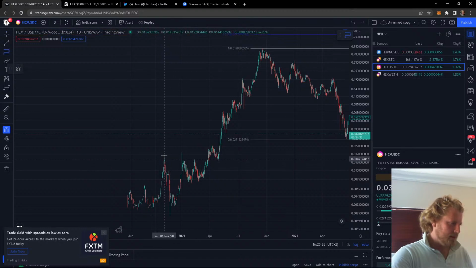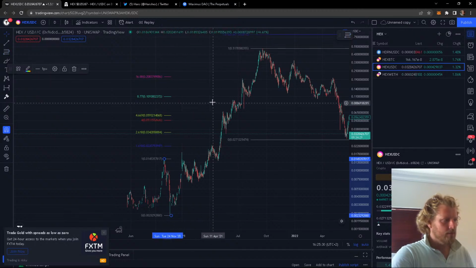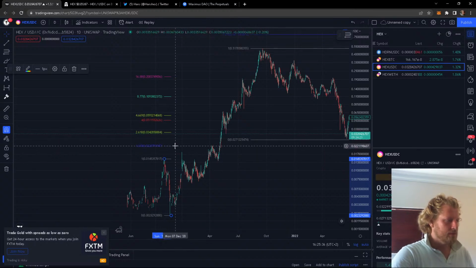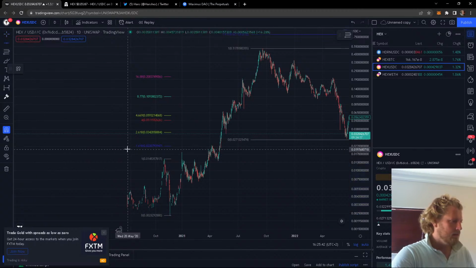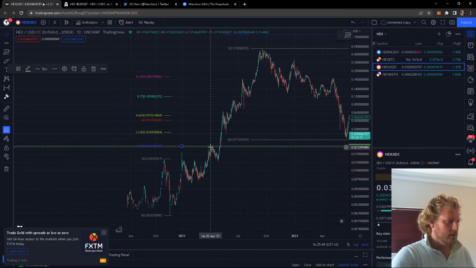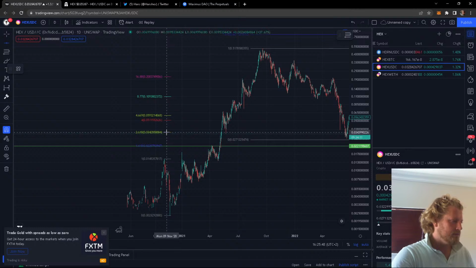This was from Big Payday, from the bottom to the top. And you can see how the market outperforms these levels. The 1.618, that's the golden ratio, and you can see how it topped out from there. That was our resistance right there. Then the next level was your 2.618.